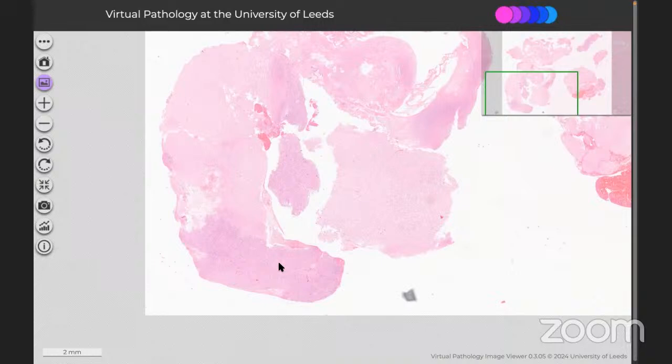So that kind of broad differential you can put, but you should consider the possibility of sarcomatoid carcinoma.